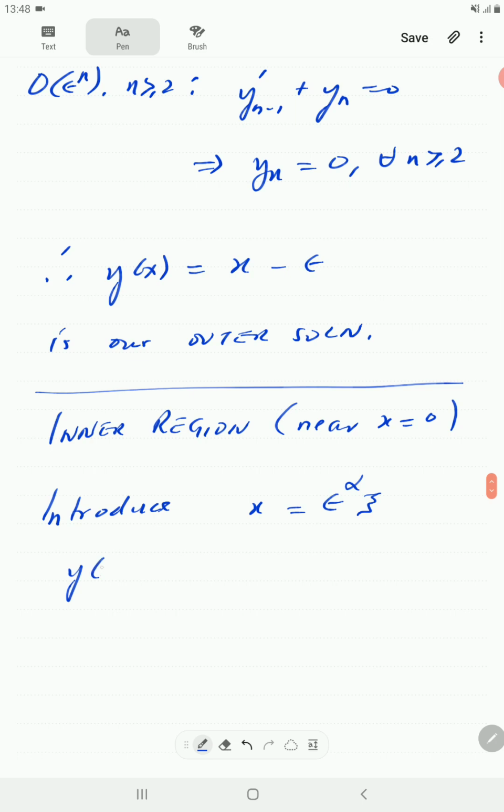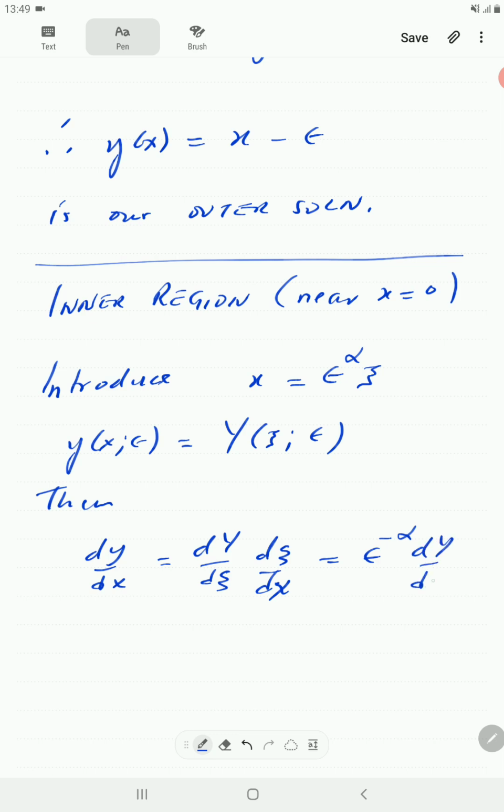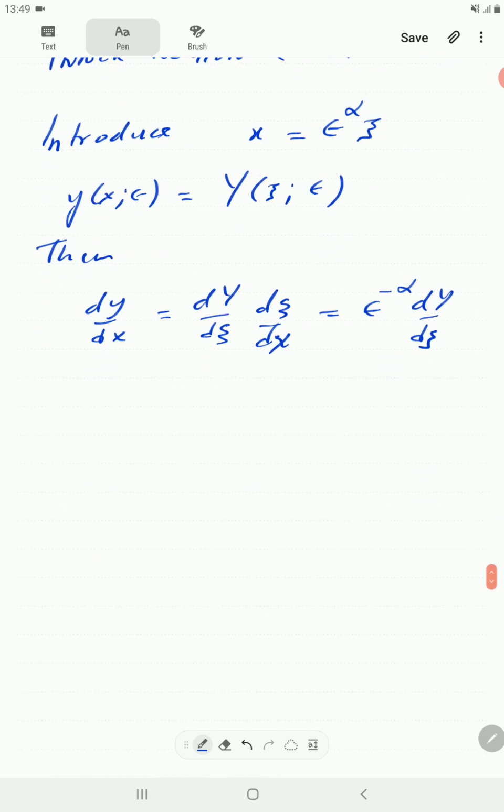Then the dependent variable as well, we're going to rename capital Y. Then by the chain rule, dy/dx is going to be dY/dxi times dxi/dx.